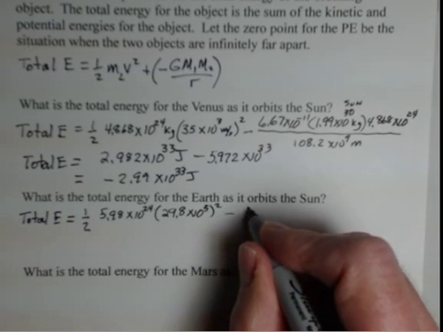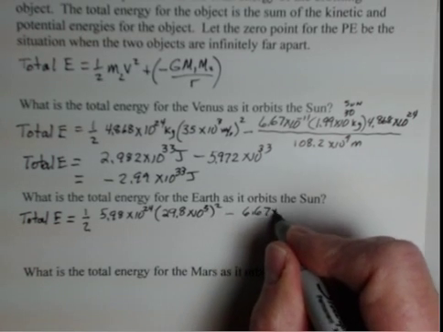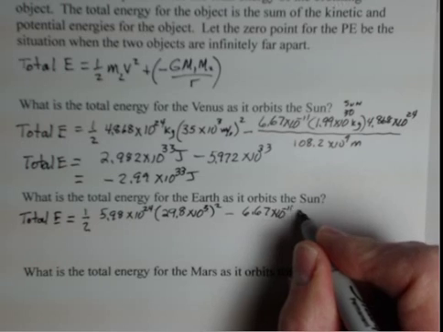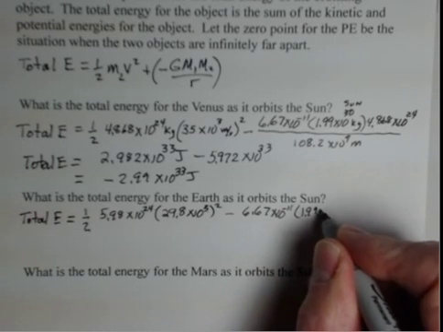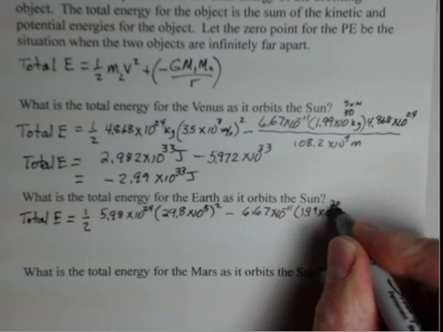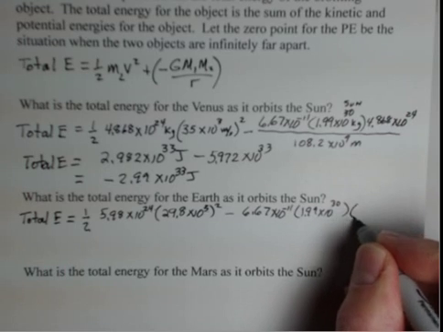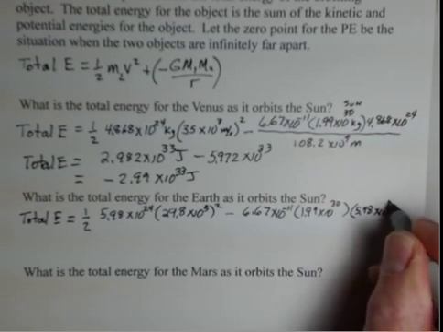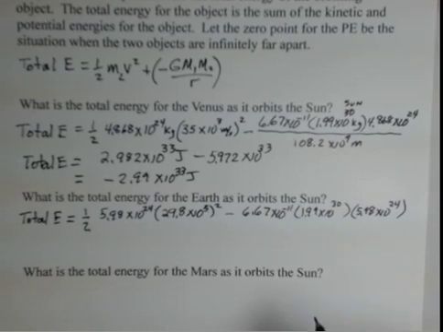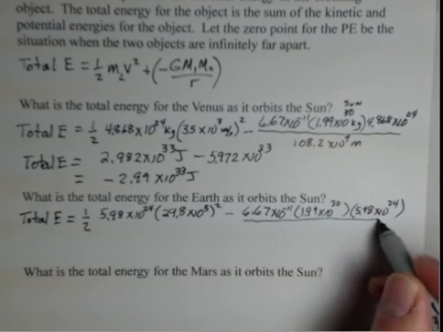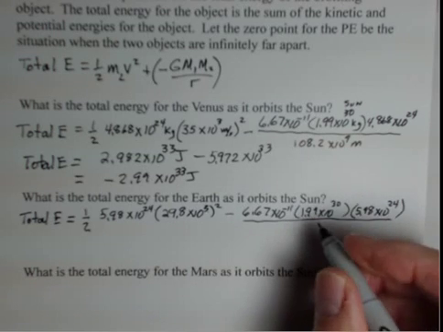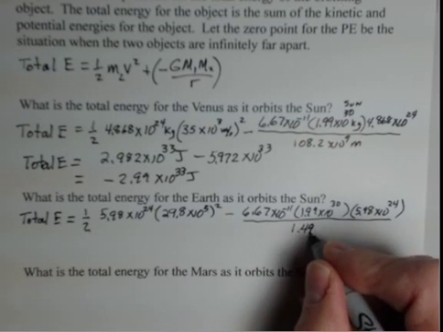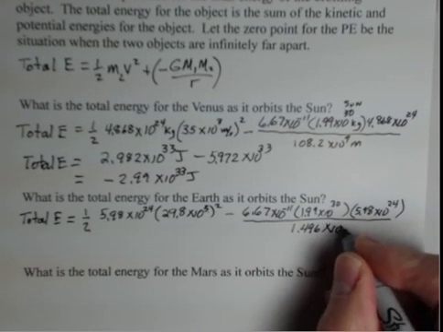Then the potential energy, mass of the Sun again, kilograms, mass of the Earth, 5.98 times 10 to the 24th. And for our circular orbit for the Earth, 1.496 times 10 to the 11th meters.